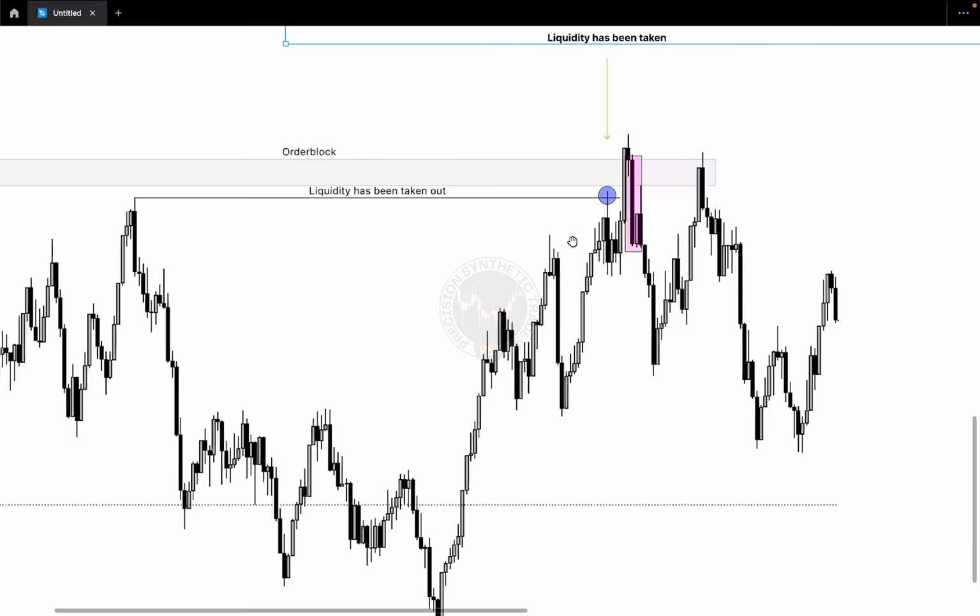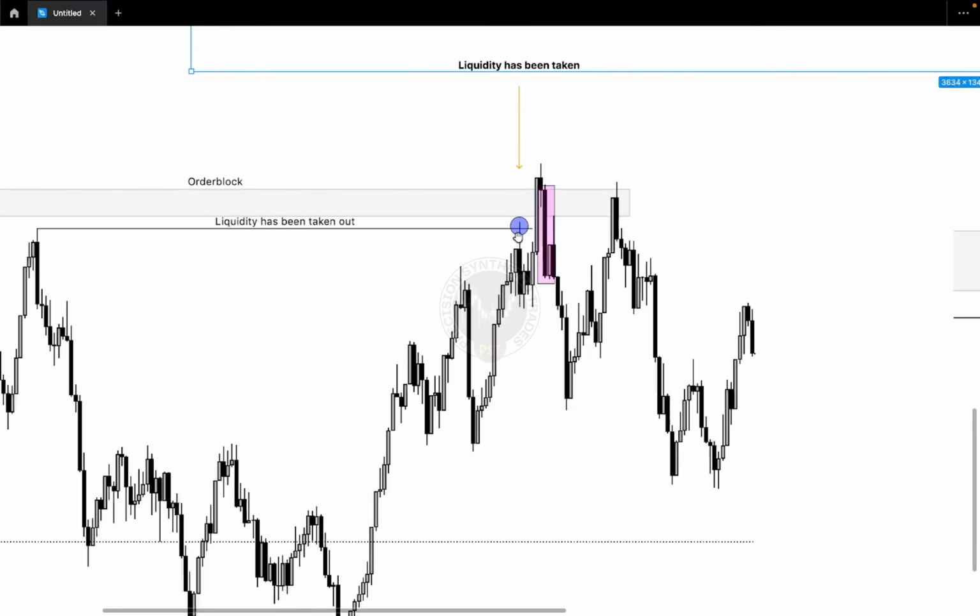Now look what happens here. Does this candle break the liquidity with a wick or a body? Only a wick. So this, you see, it engulfed this candle, but it won't be a valid trade. You'll get stopped out. This candle, on the other hand, broke that liquidity with a close, tapped into our order block.